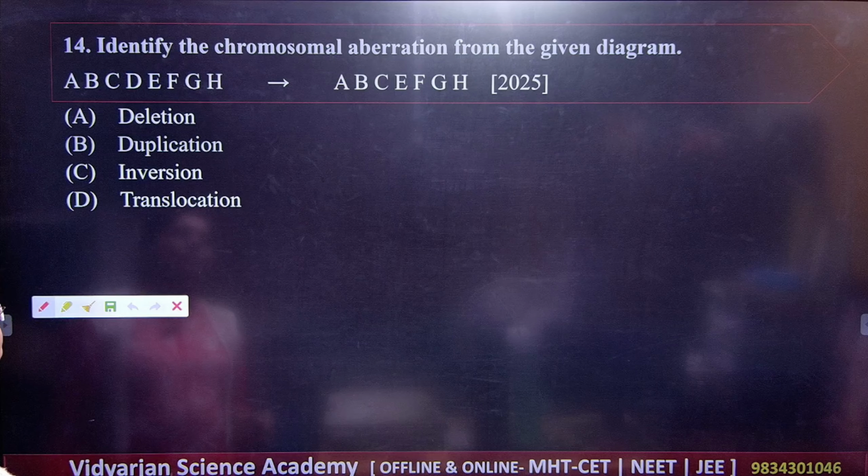Next, read the statements carefully. I'm giving you a few seconds to read the statement. Statement number one: directional selection favors intermediate forms and eliminates both phenotypic extremes, which give you very extreme characteristics.